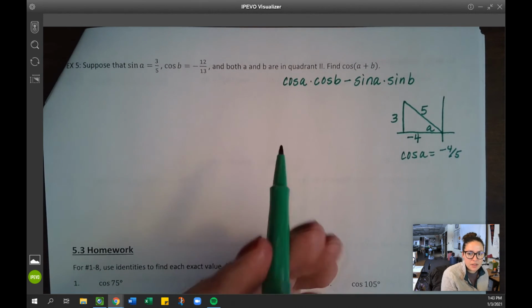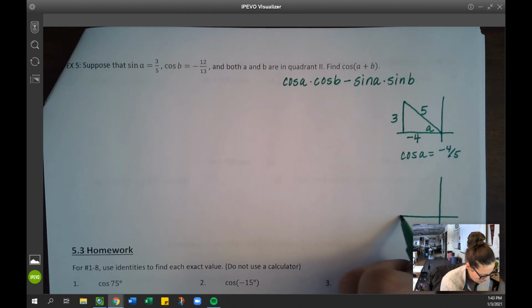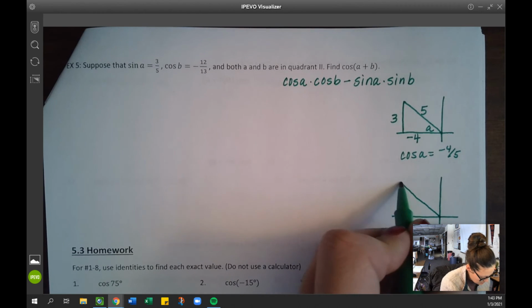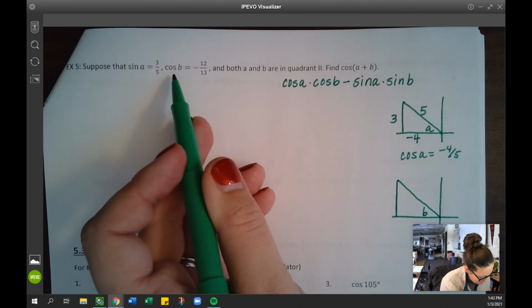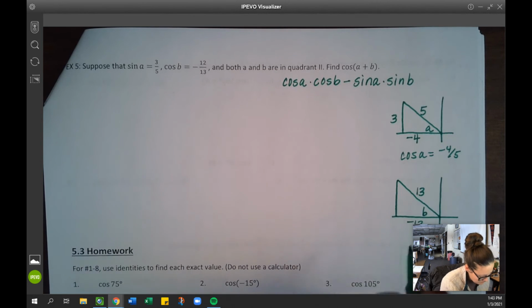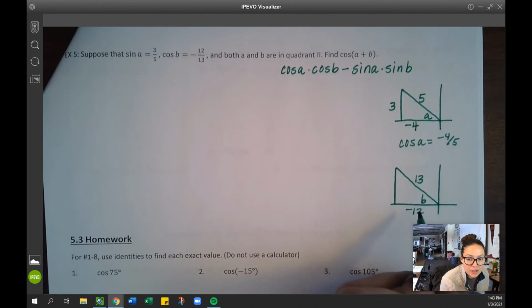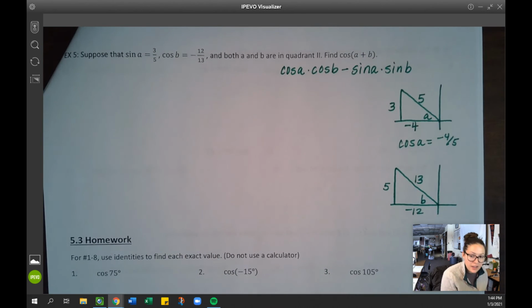Now we're going to do the same thing for angle B. All right, B, we know the cosine, so adjacent over hypotenuse. This is again a Pythagorean triple. This is going to be 5. And if you don't have those memorized, again, it's okay.